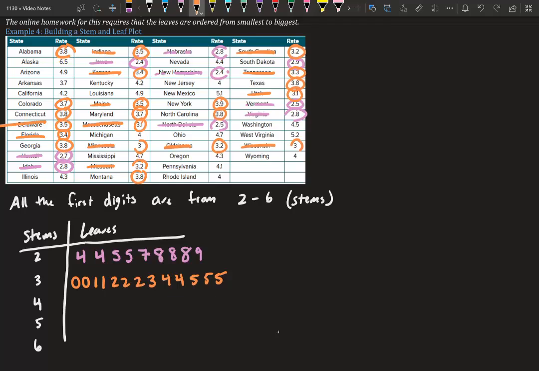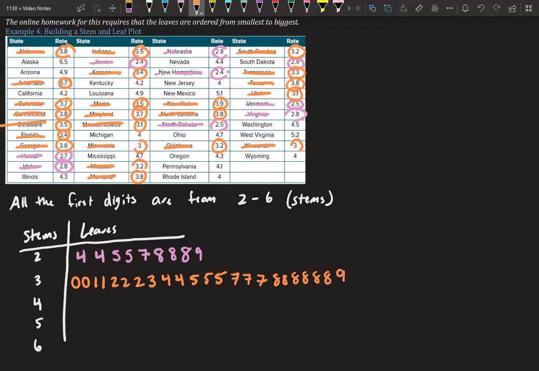Alright, 3.6s, we have no 3.6s. 3.7, we have 3 3.7s. And then 3.8s, we have 6 3.8s. 3.9s, we only have one 3.9.